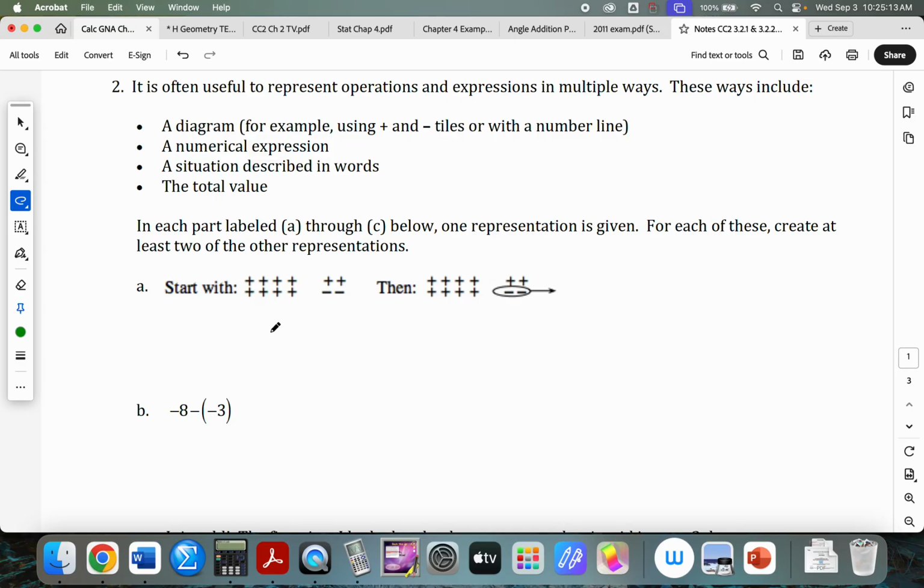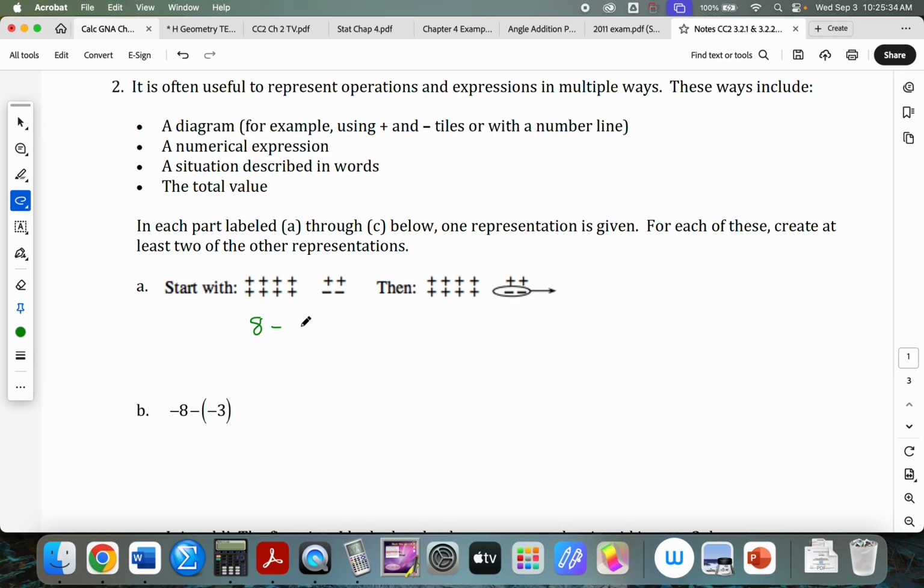All right, so what did we start with here? Well, we started with 8, 9, 10 positives minus with 2 negatives. So we started with a value of 8, right?